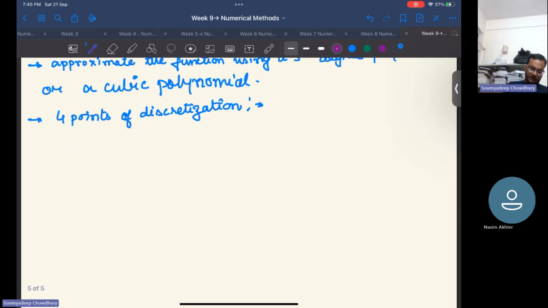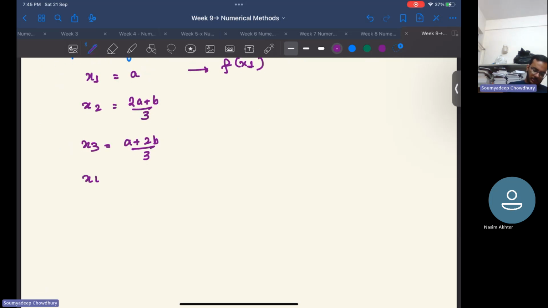The first point of discretization is x1, which is equal to A. Functional value is f of x1. Then I have x2, which is 2a plus b by 3. Then I have x3, which is a plus 2b by 3. And x4, which is b.